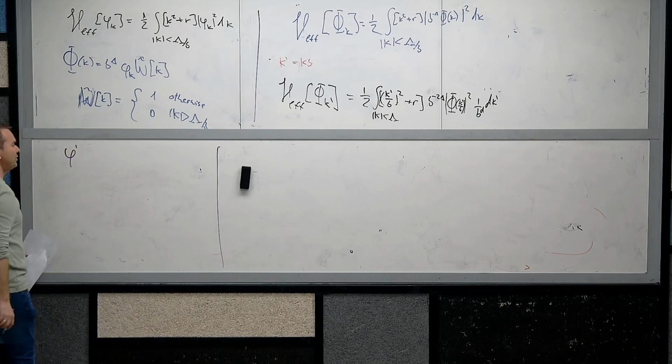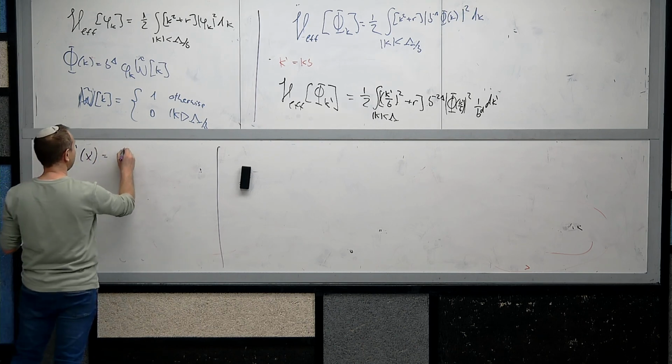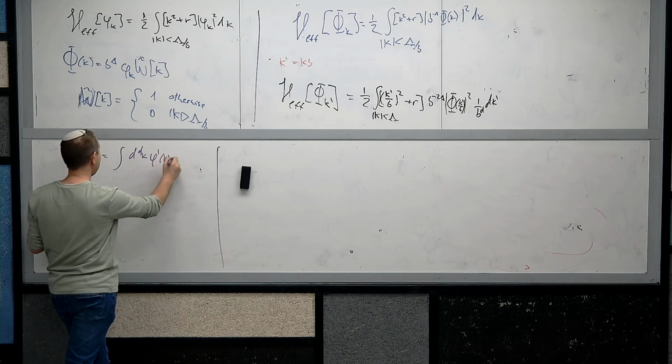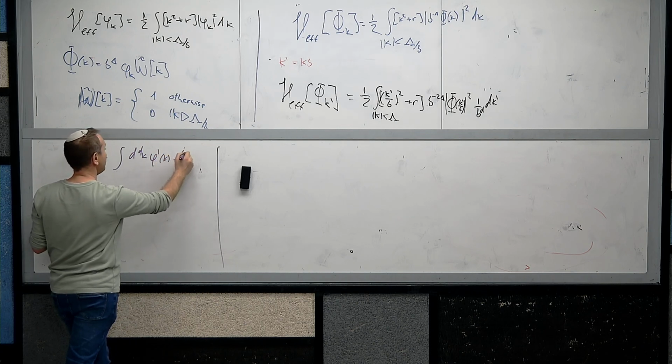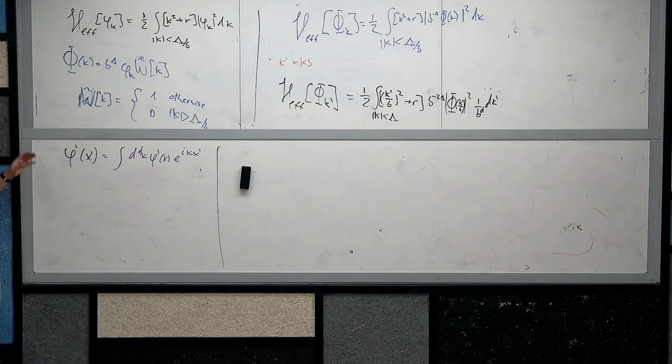I call it phi prime of x prime, and it is an integration of d dk of phi prime of k, e to the I k x prime, divided by 2 pi to the power d. Let's call it phi prime.